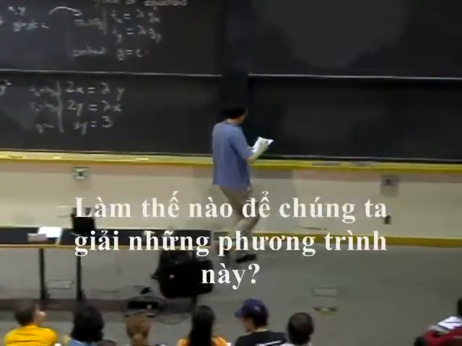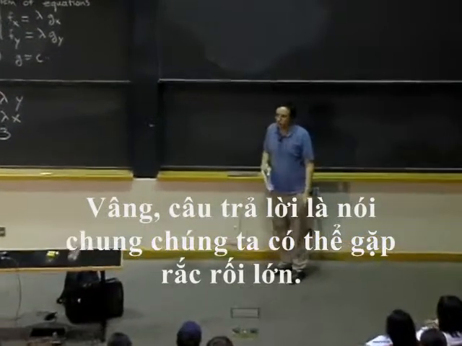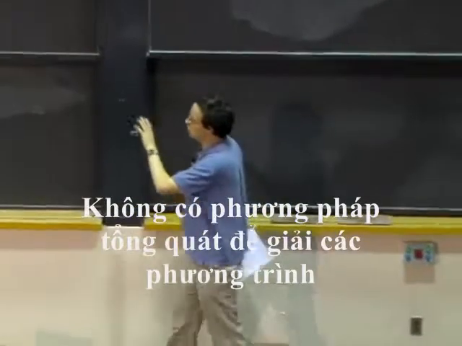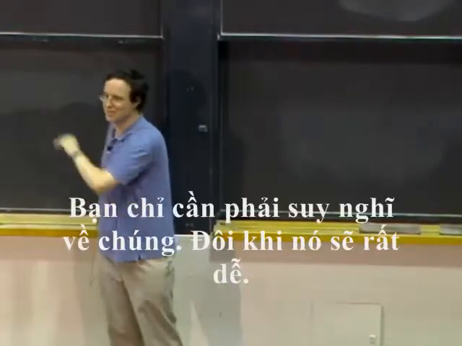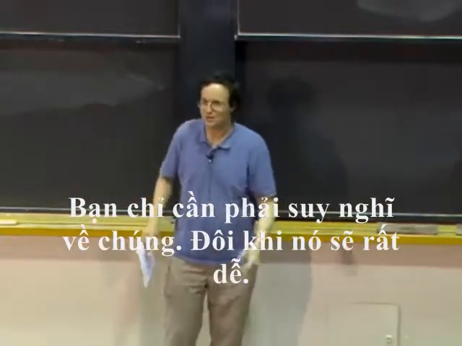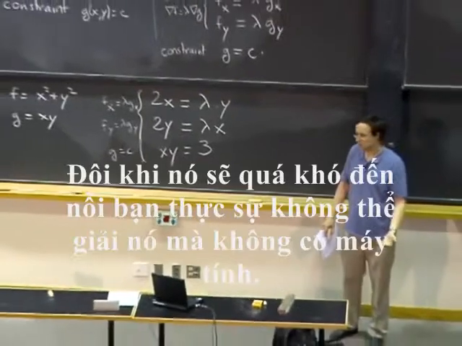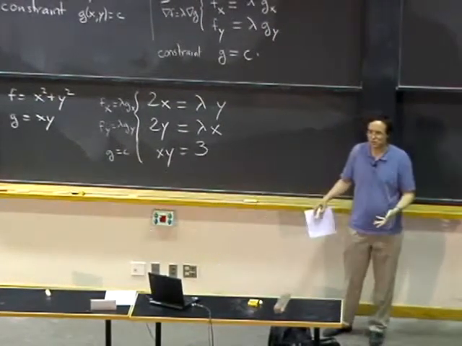So how do we solve these equations? Well, the answer is, in general, we might be in deep trouble. Okay? There's no general method for solving the equations that you get from this method. You just have to think about them. And so, sometimes it will be very easy. Sometimes it will be so hard that you can't actually do it without a computer.